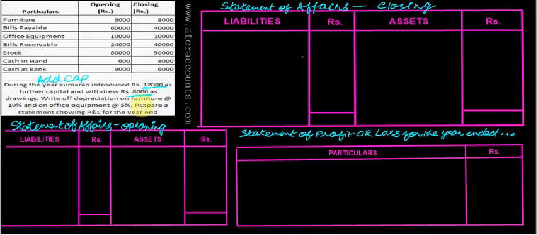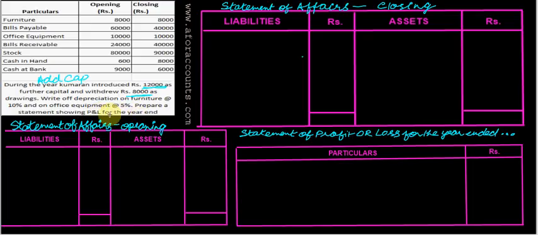This will be helpful in preparing your statement of profit or loss. Write off depreciation on furniture at the rate of 10% and office equipment at the rate of 5%. So this is about your closing statement of affairs. While preparing it, I need to take depreciation into consideration. Prepare a statement showing profit or loss for the year end.